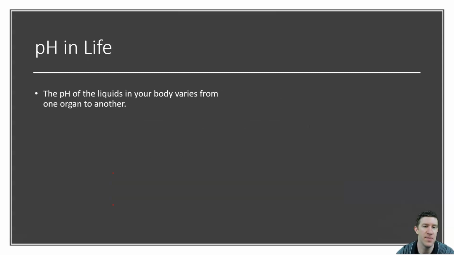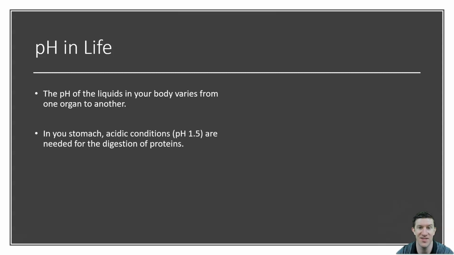In life, the pH of liquids in your body varies from one organ to another. In your stomach, for example, the acidic conditions, pH of 1.5, are what your stomach acid uses for digestion of proteins. It's really, really important. But that's really, really acidic. If you got an acidic pH of 1.5 on your skin, it's going to burn.